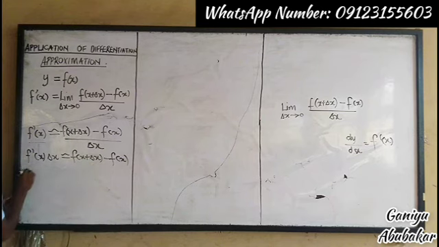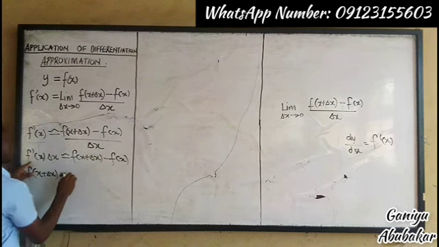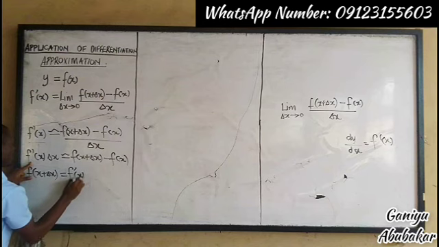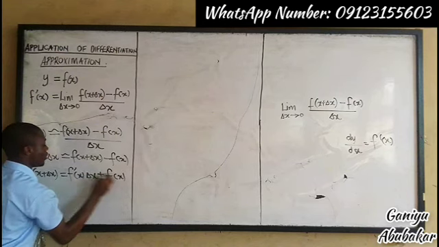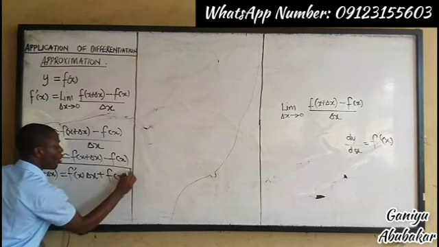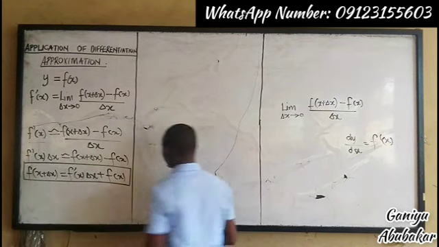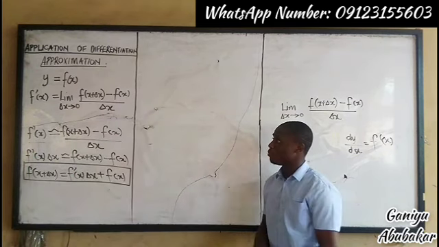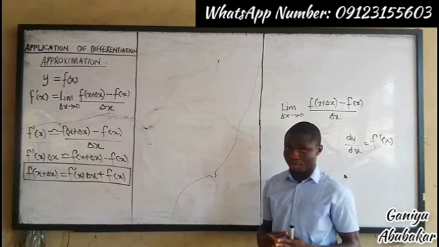So f of x plus change in x is approximately equal to f prime of x times change in x plus f of x. This is the formula we're looking for. This formula is used to solve problems involving approximation under the concept of application of differentiation.